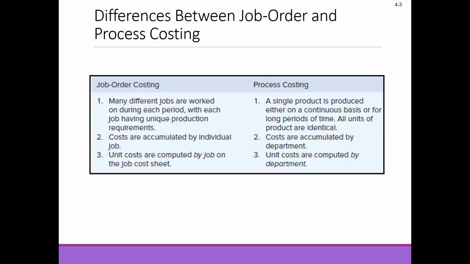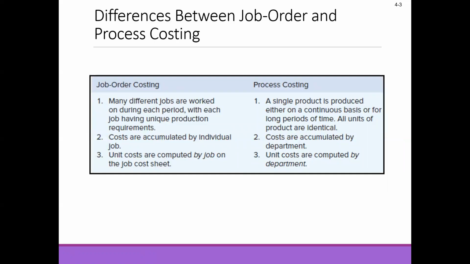But the difference is in process costing, a single product is produced either on a continual basis or for long periods of time. And the unit of products are pretty much identical. Costs get accumulated by department, and unit costs are computed by department.